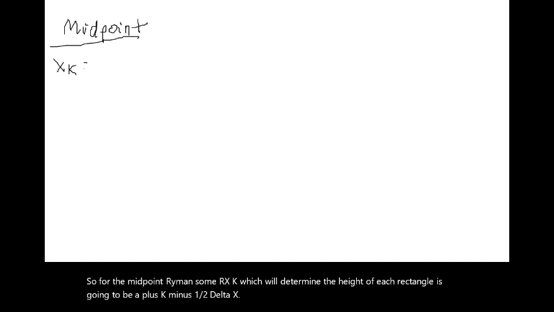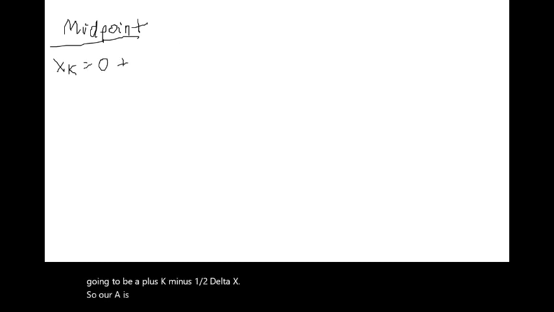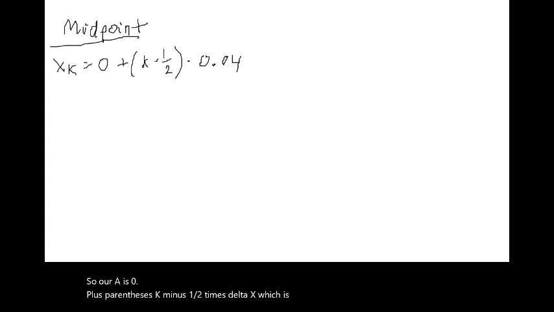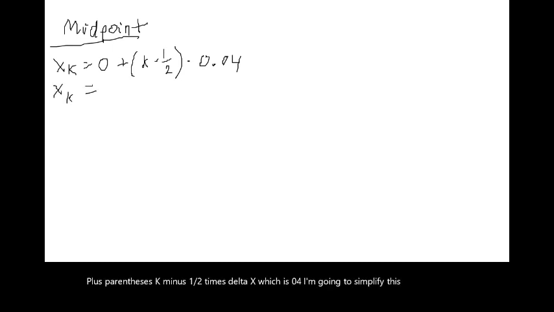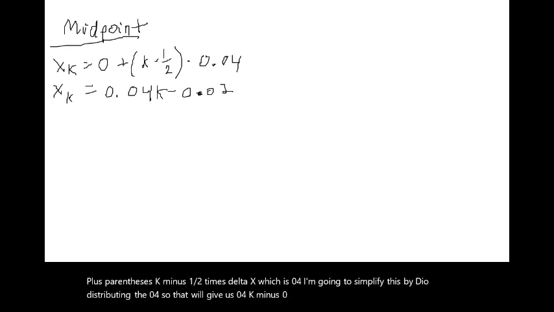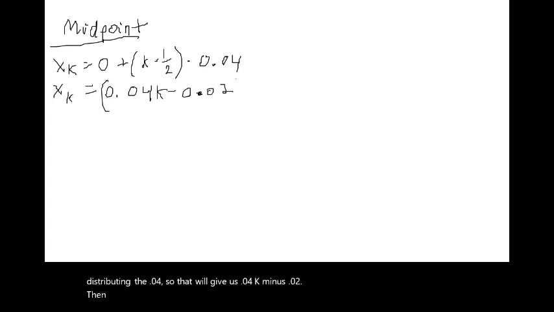So our a is 0 plus parentheses k minus 1/2 times delta x, which is 0.04. And I'm going to simplify this by distributing the 0.04, so that will give us 0.04k minus 0.02. Then I'm going to take this with parentheses around it, and I'm going to plug it into my sum.